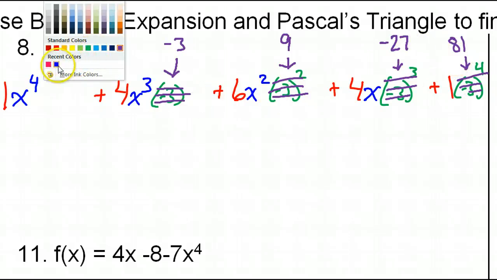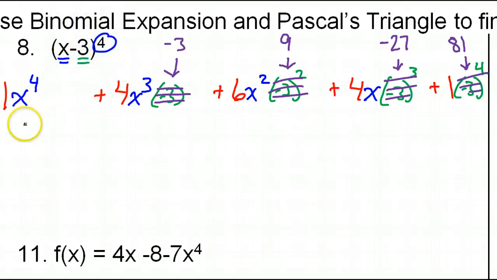So as I do this problem, this is what I'm going to have. From this term, I just have x to the 4th power. That 1 is no longer needed. Now here I have 4 times negative 3. The x to the 3rd power. You know, maybe I should keep the colors a little bit longer.